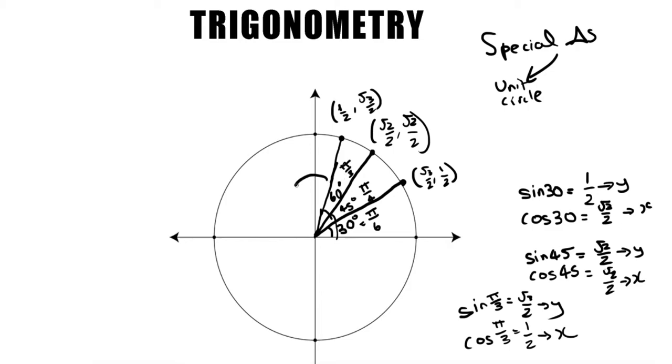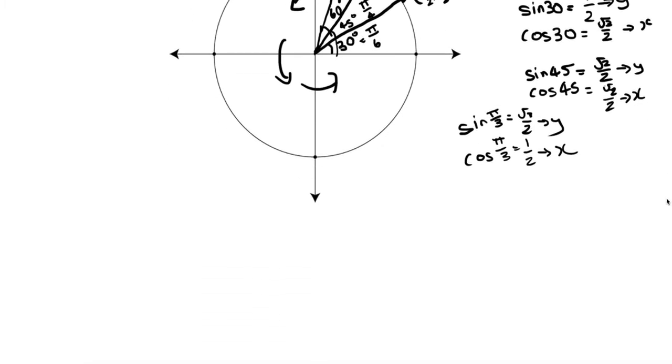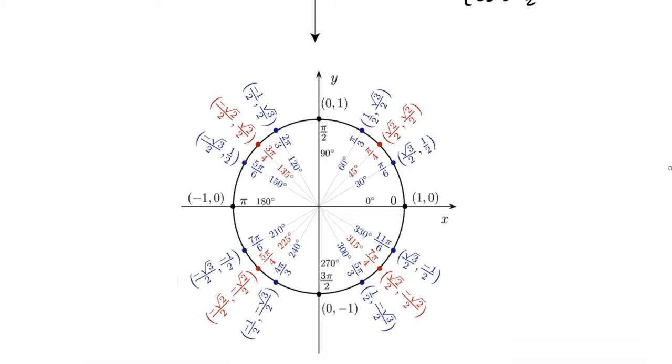Later you tessellate this over to this quadrant and over to this quadrant and over to this quadrant, and then the signs will change and the angle measures will change, but the absolute values of these will remain the same. After tessellating everything, you would get something that looks like this. I got this off wiki images. You would have all this stuff here, like 90, pi over 2, which is the coordinate here, and as you can see, the absolute values of the coordinates are not changing, they're just changing according to the quadrant.